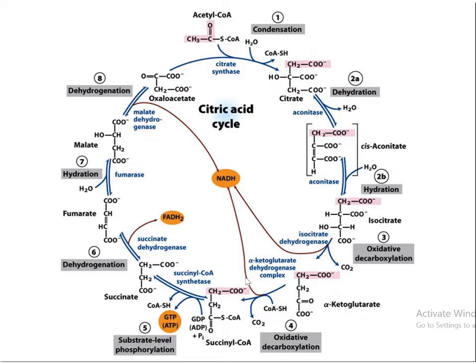The alpha ketoglutarate molecule is dehydrogenated, that means it released a proton, and that proton is picked up by NAD plus, which then turns into NADH. Also a molecule of carbon dioxide is released and replaced by the CoA group, coenzyme A group.